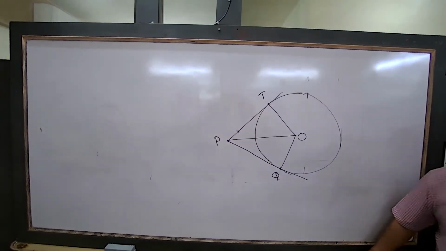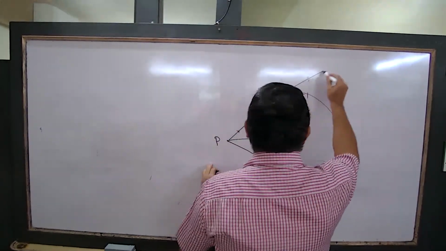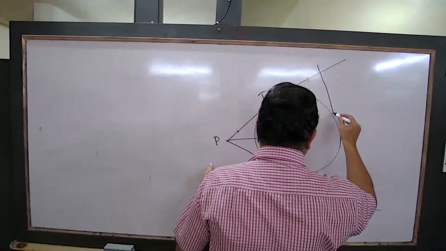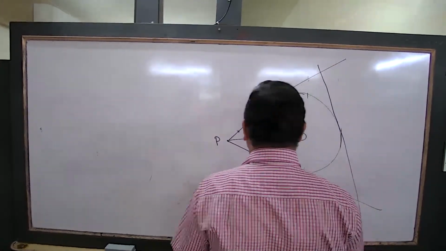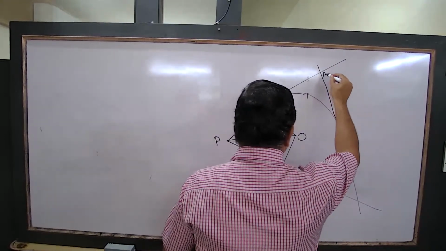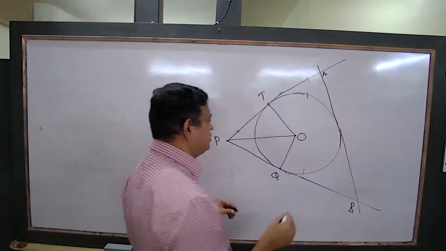Sure. Okay. Now, suppose if I extend this one. These are extensions, okay? If I draw a third tangent, you know what is drawn over here?